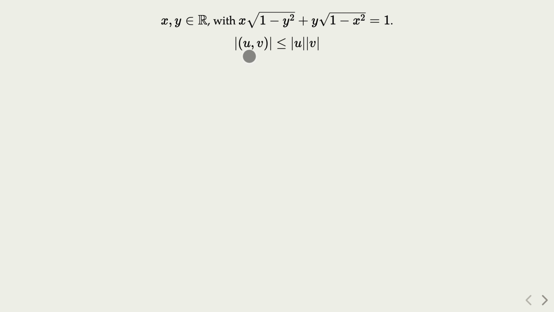The idea is that the magnitude of the inner product is smaller than the product of the individual magnitudes. One vector is (x, y), the 2D vector. The other vector would be the square root values. You plug in pretty much the same steps as method number 3, so we're going to ignore these details here. Okay, let's move on to method number 5.